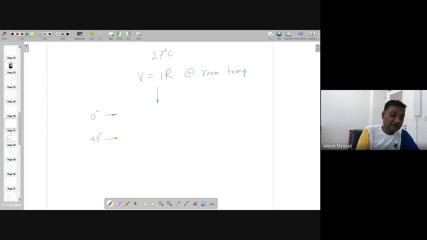Or you are in New York or some places where the temperature sometimes goes below 0 degree. If you are in Finland, you are working always less than 0 degree. If you are outside, I'm saying, at room, definitely there will be some room heater or something, so that your temperature is 27 degree.